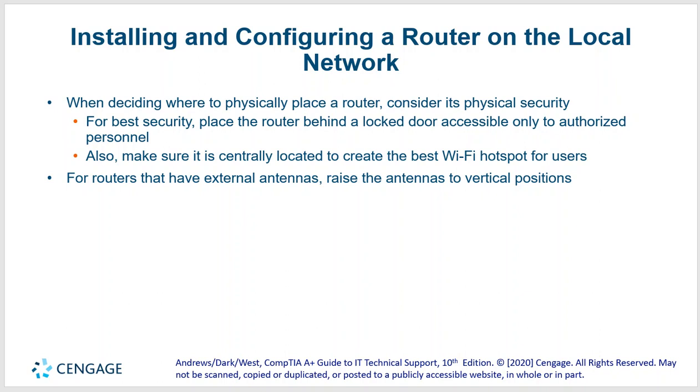So that's information that you may not want people getting access to, or hooking up extra devices that you don't want to be there. If you have external antennas, you can raise them and adjust them and make them look pretty.